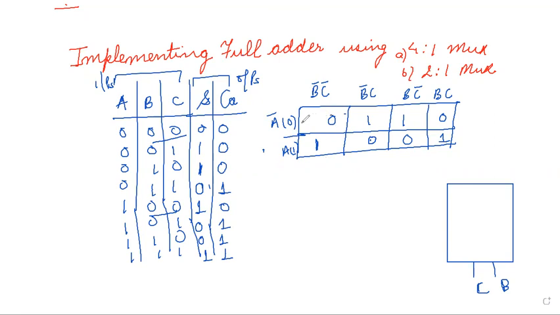So if we see, when A is 0, for the first case, that is B bar C bar, when A is 0, your output is also 0. When A is 1, your output is also 1. So you can say the output is same as A. So we have to write it as A.